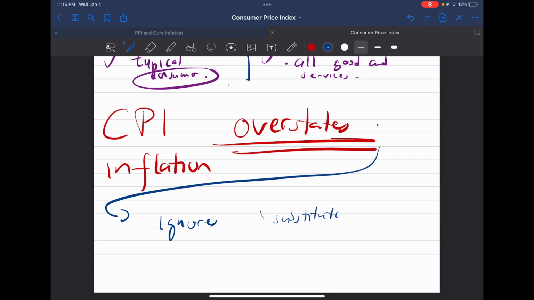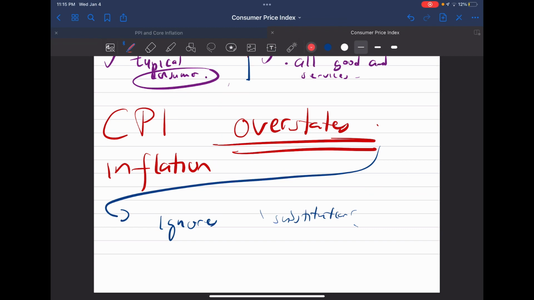What is substitution in this case? Imagine when you're measuring a CPI, a certain basket of goods and services purchased by a typical consumer is created. So, hey, these are the things that the consumer would like to buy. And let's say the prices increase.